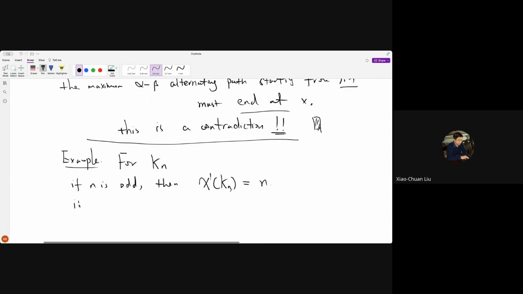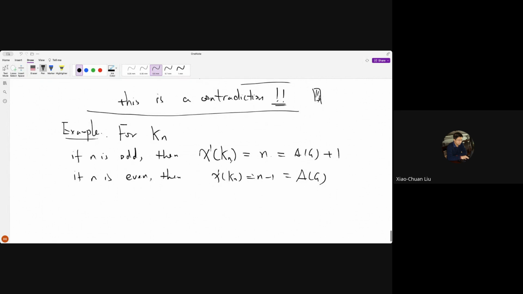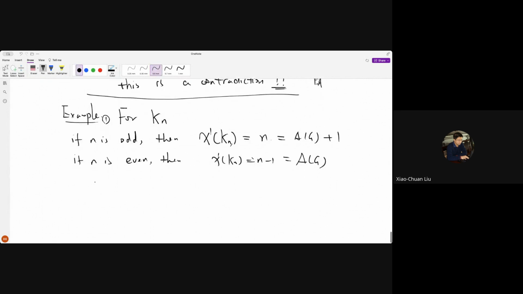If n is even, then the chromatic index of Kn is n minus 1. So n minus 1 is the maximum degree. Every vertex has degree n minus 1. And in the odd case, this is maximum degree plus 1. Okay, so even this example is not so easy.